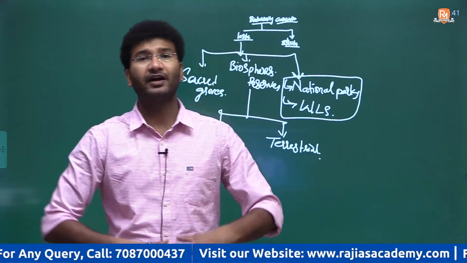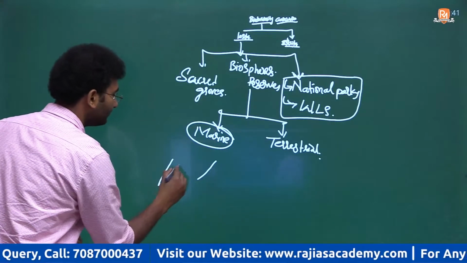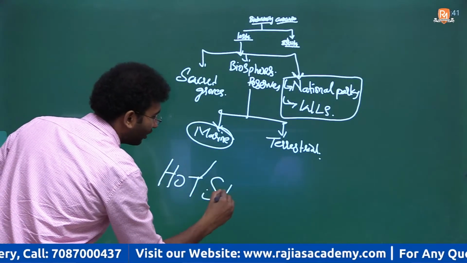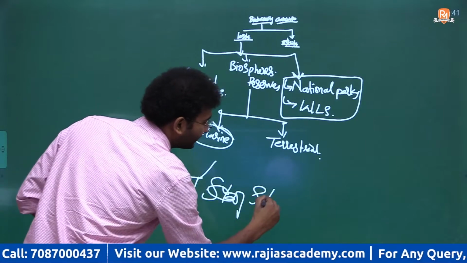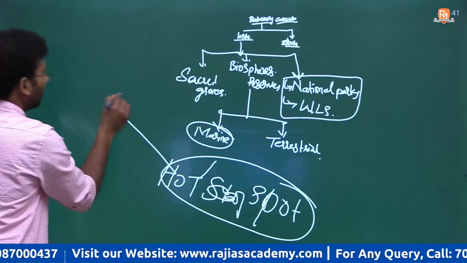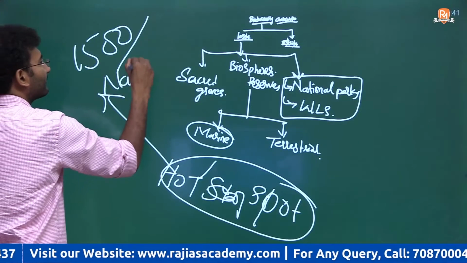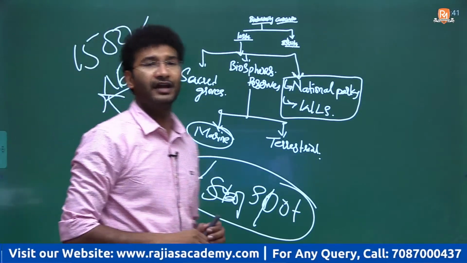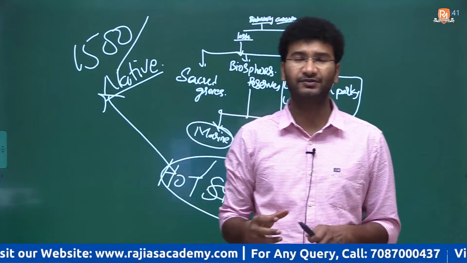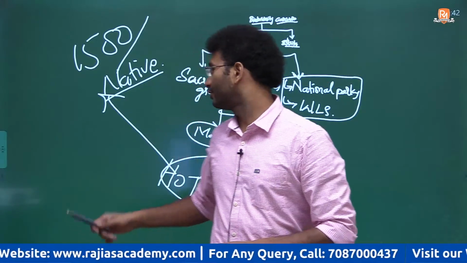A biosphere reserve at a greater level can be considered to be a hotspot, right? And this hotspot is given a definition. Suppose an area where there are more than 1500 native species, and these 1500 native species are endemic to the local area, then it is considered to be a hotspot.